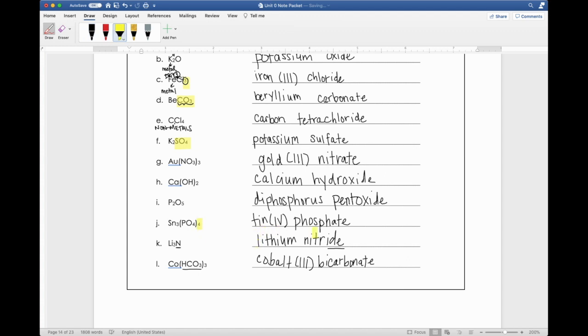So it is tin 4 phosphate. And when you're naming something like pentoxide, sometimes it's hard to change the name of that, including the prefix. Penta-oxide doesn't really flow off the tongue as nicely, so the name of that would be pentoxide. If you have any questions on how to name those, just make sure you put a star next to them and you ask me when we come back to class, but otherwise that's naming.